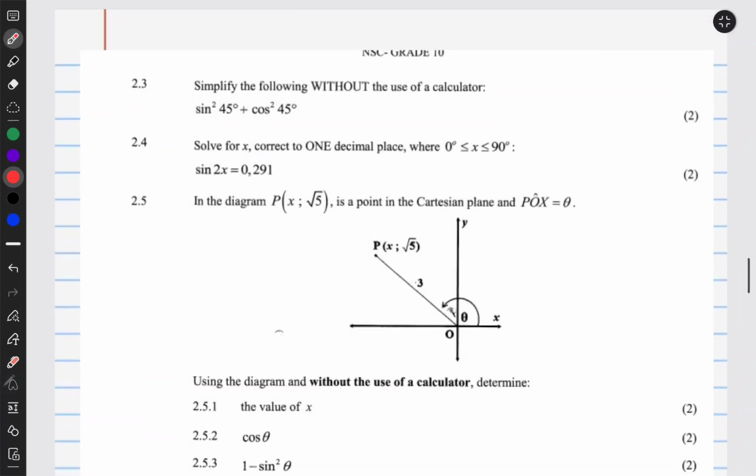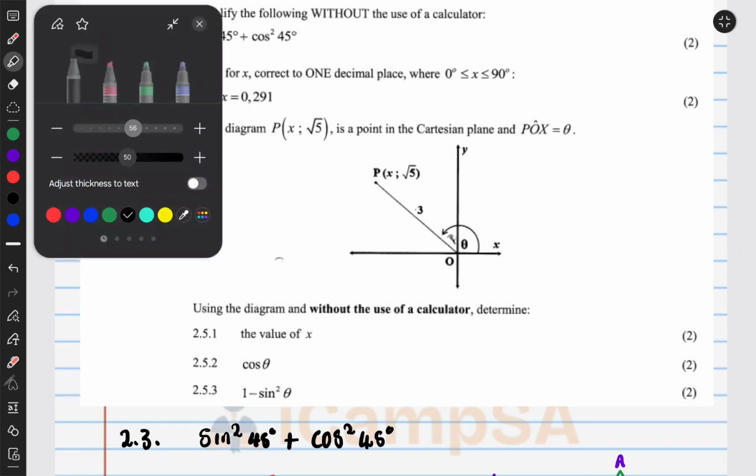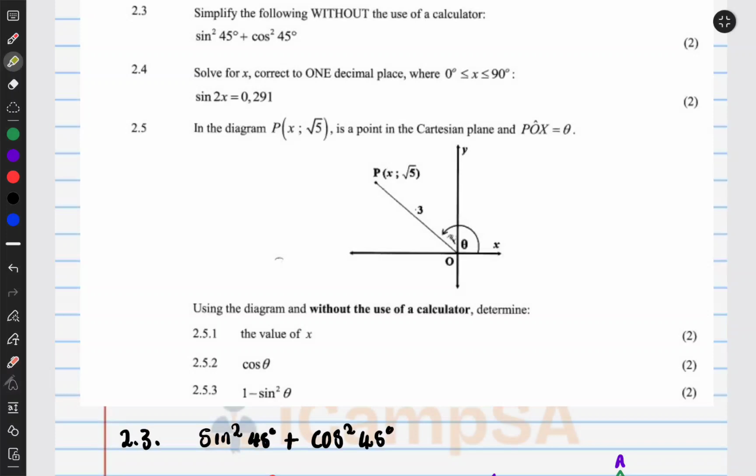Okay, and then next, now solve for x correct to 1 decimal place, where x is between 0 degrees and 90 degrees. So we are asked to solve for x.